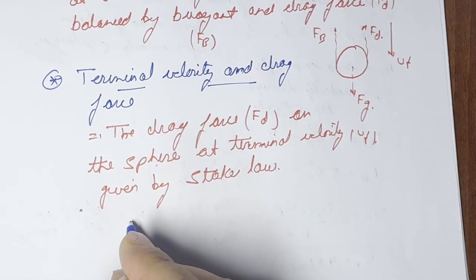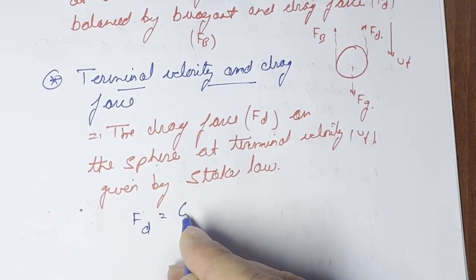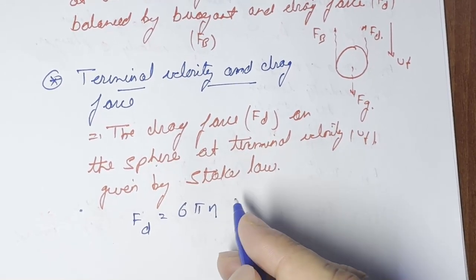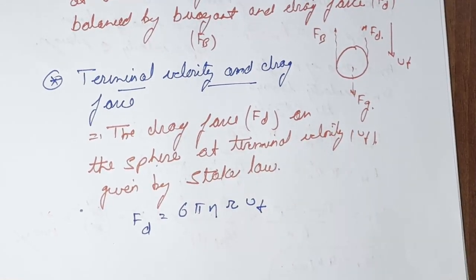So it tells us that our force Fd, that's the drag force, is equal to 6 pi nu r multiplied by Vt.